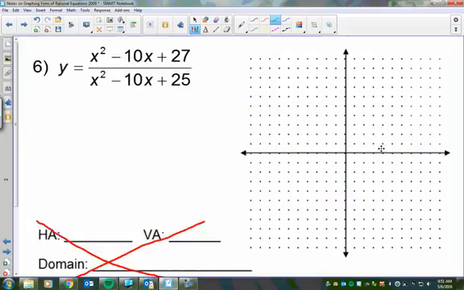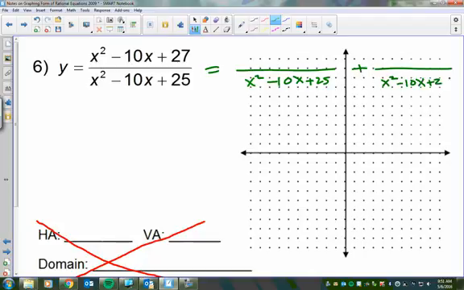Number 6. I'm going to take that same approach in the long division. I'm just going to go and split it into 2 fractions right from the get-go. And so I'll take this numerator and split it and put the part that matches the denominator there, and the extra 2 I'll put over there.